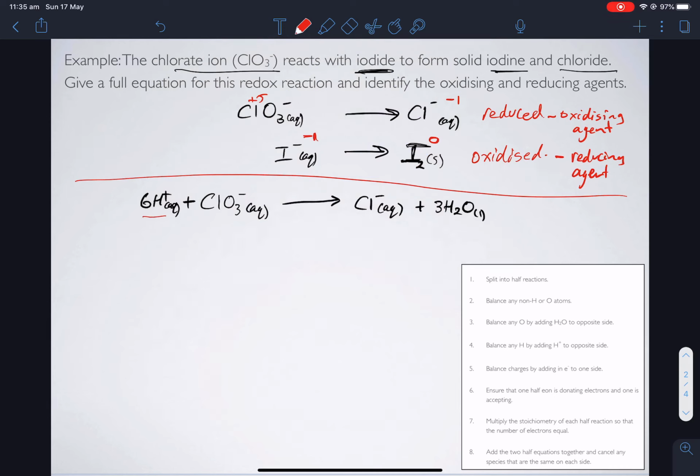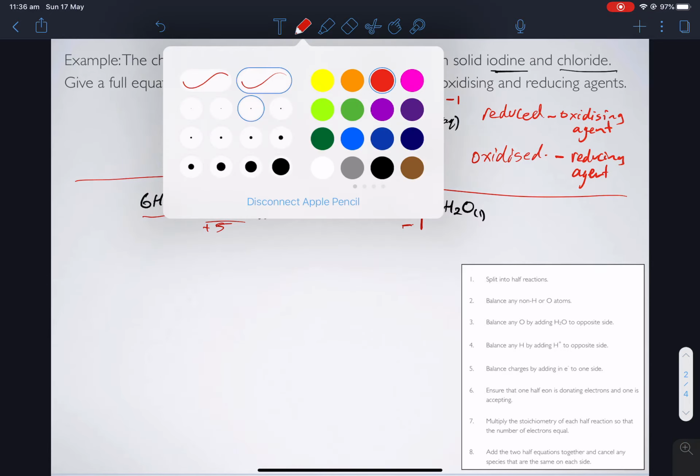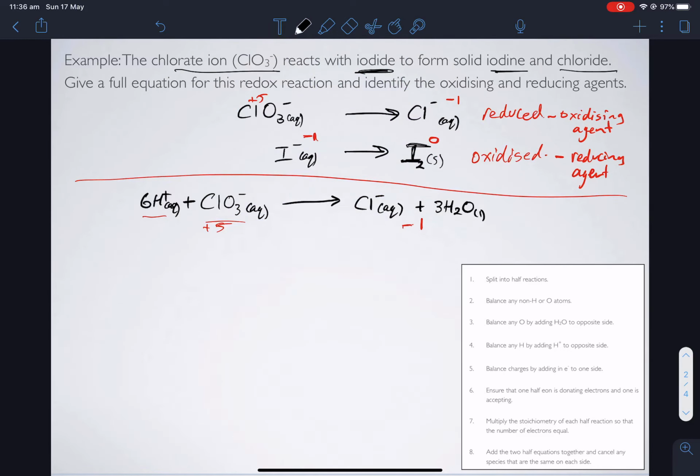We've got 6 plus minus 1, so that's 5 plus on the left-hand side, and we've got 1 minus and 0. Okay, so we need to take this 5 plus all the way down to negative 1, so we need to add in 6 electrons on the left-hand side. 6 electrons will take this plus 5 down to negative 1.